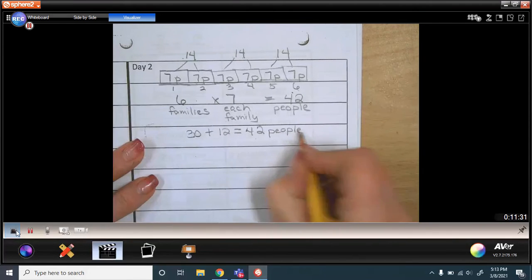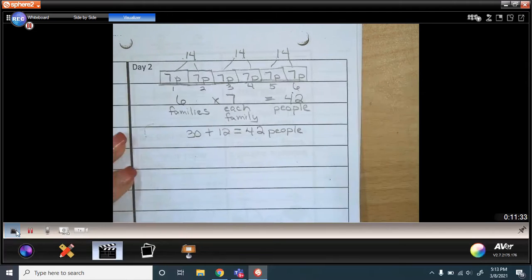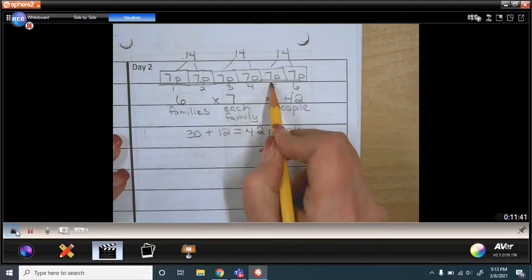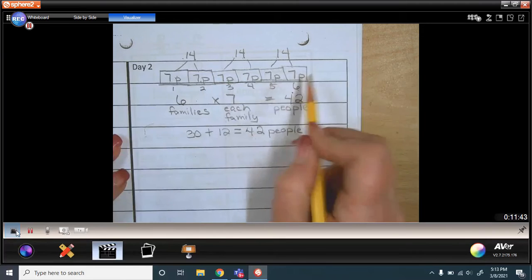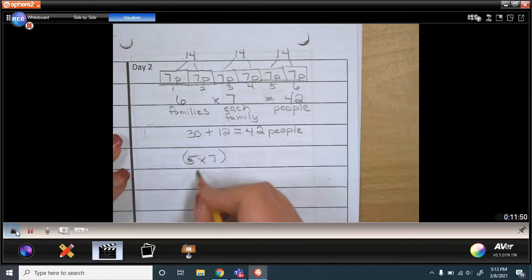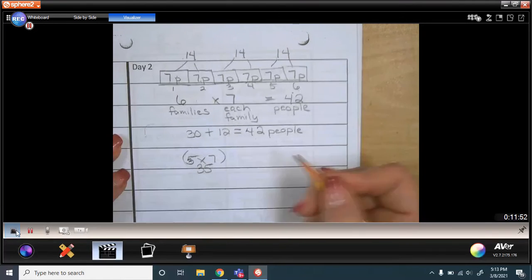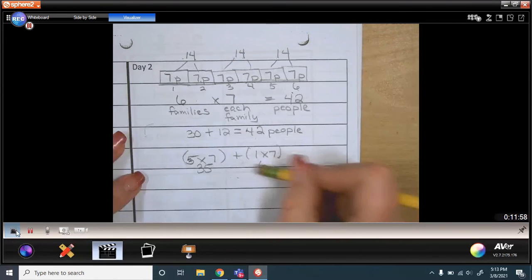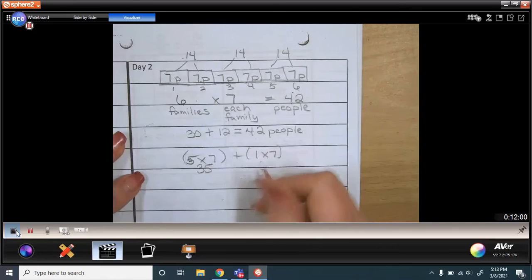Or if you know your multiplication facts really well, which some of you might, that would be great also. So you could also use 5 groups of 7, which would be 35, and then add another group of 7. So think about that. If I have 5 groups of 7, which most of us know is 35, then I add another group of 7 for another family, not 6, add 7 more.